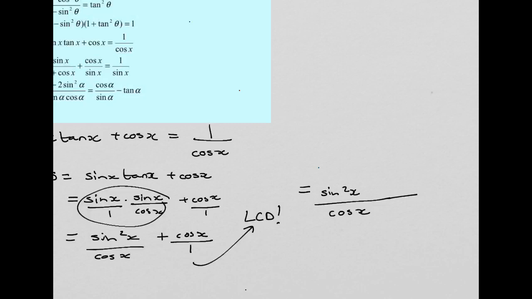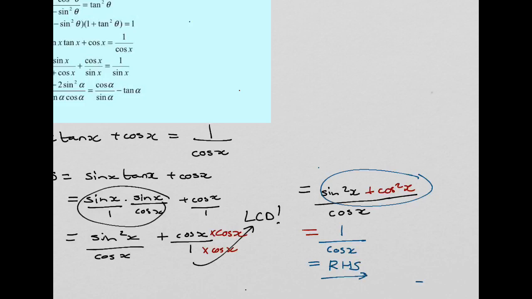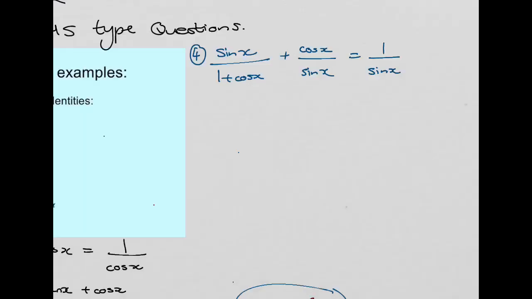It already has the LCD, so for our second fraction, it needs the LCD, and you apply it to the top and the bottom, so we are going to be adding a cos squared x here. So sin squared plus cos squared is going to be equal to 1 over our cos x, which is our right-hand side, and that's the end of the question.